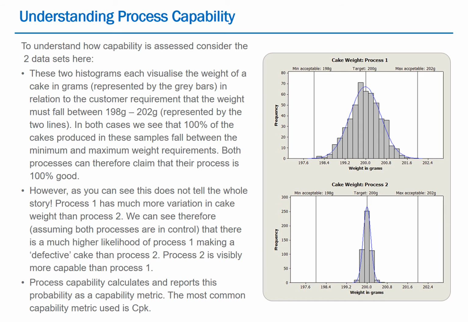We can therefore, assuming both processes are in control, say that there is a much higher likelihood of process 1 making a defective cake in terms of the weight being not enough or too much, compared to process 2. Process 2 is visibly more capable than process 1. But how can we put that into numbers?